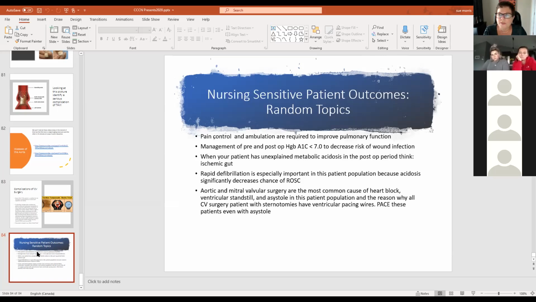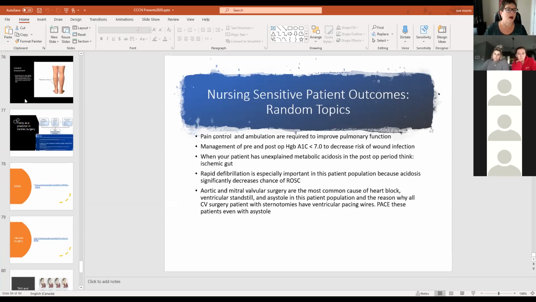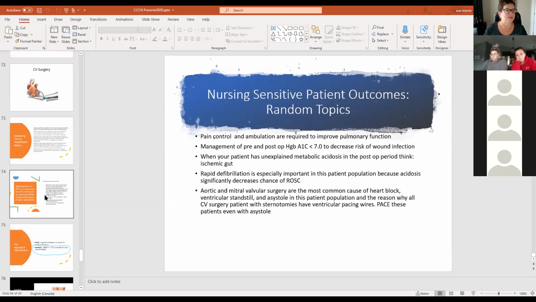So I want you to think specifically, when you're talking about cardiac surgery, think of the nursing sensitive patient outcomes. Meaning, what do I do as a nurse that helps or hinders a patient? Those will be the questions, not, you know, what are the indications for cardiac surgery?